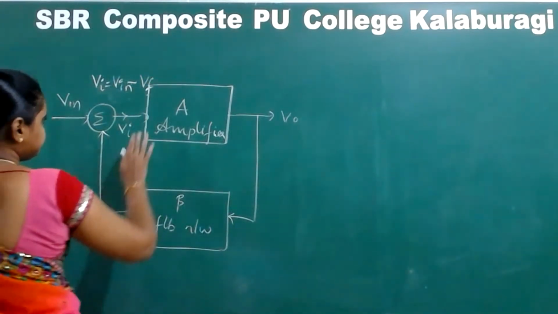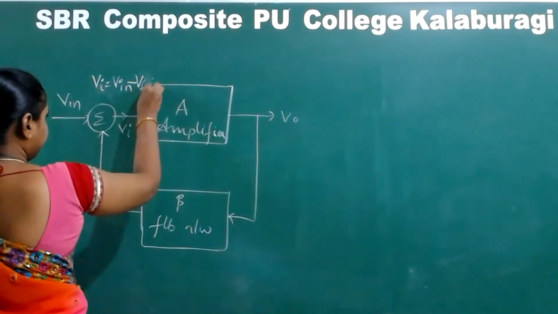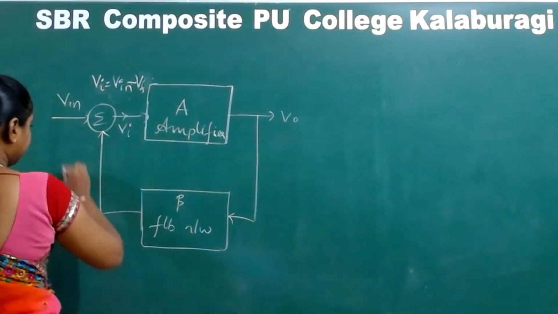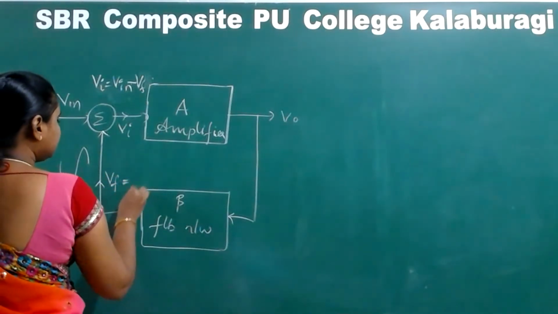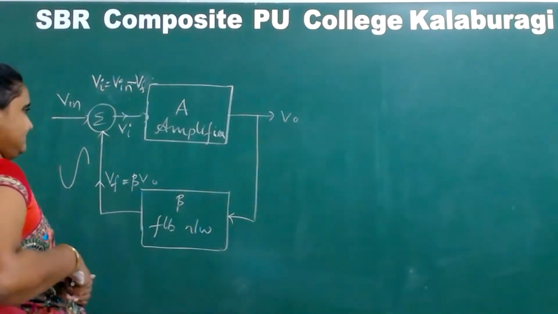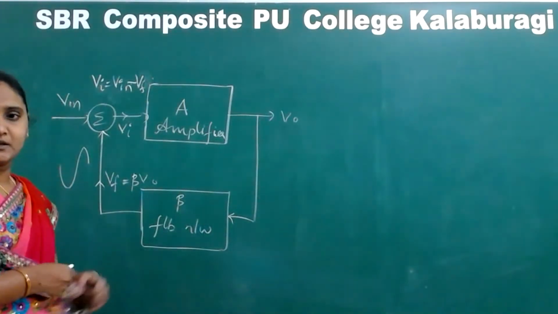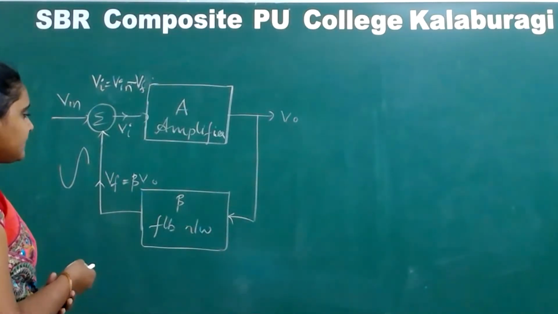Now we are clear that the type of feedback is negative feedback. VF is equal to beta V. Okay? VF is equal to beta times V naught.